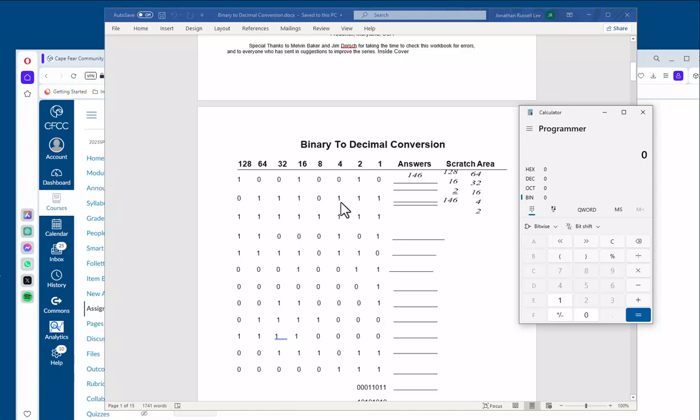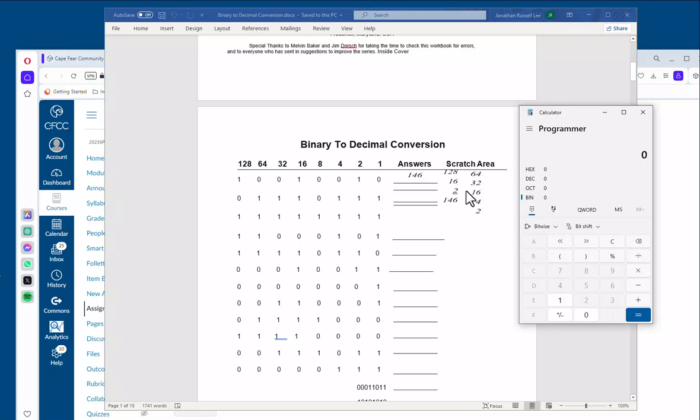Then we add 4 to that, so 112 plus 4 is 116. Then we have 2 more, so that's 118. And then we add 1 more, so that should be 119.